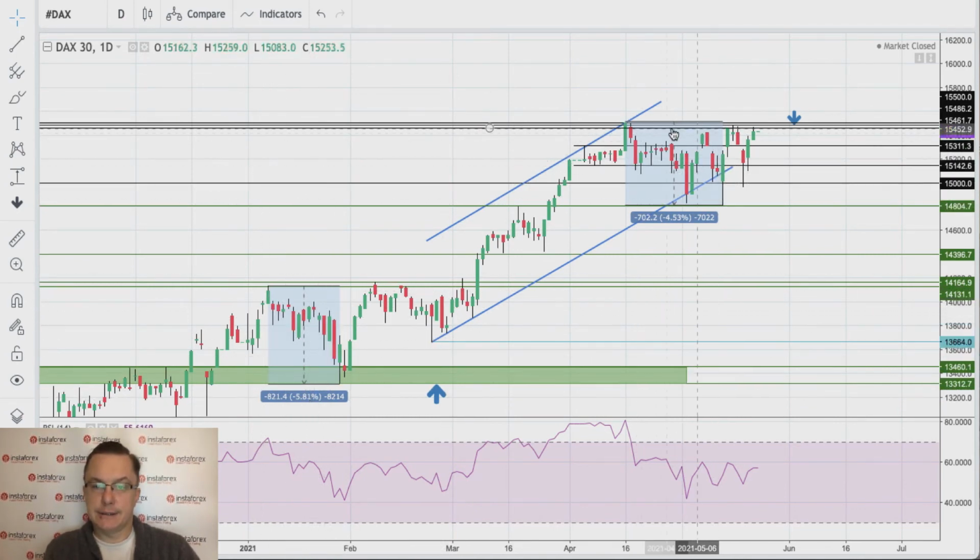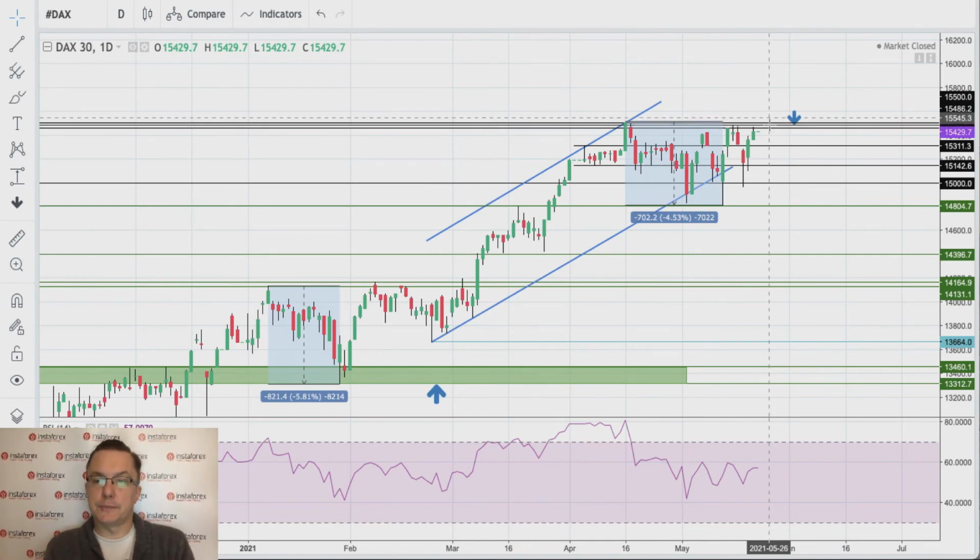So this price action here is still a part of this up move, and we are getting close to the key technical resistance of 15,500. So please don't be surprised if we get above this level and hit higher price levels soon.